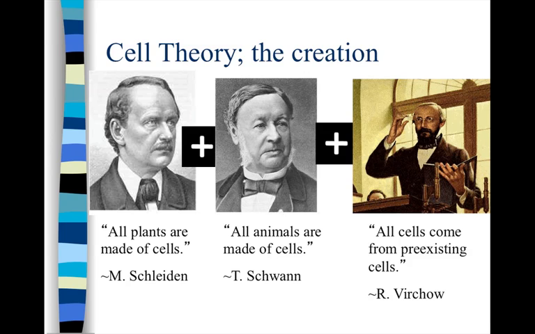As you can see here, Schleiden said that all plants are made of cells, all animals are made of cells, and Virchow said all cells came from pre-existing cells. So therefore, the parts of the cell theory were, all living things are made of cells.